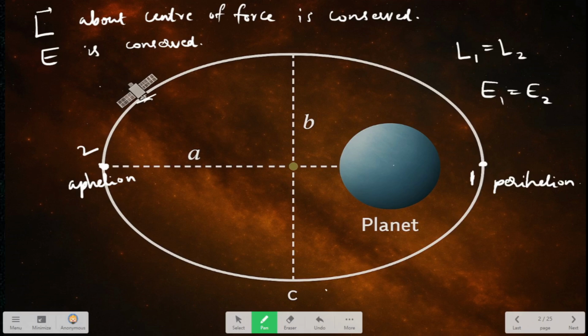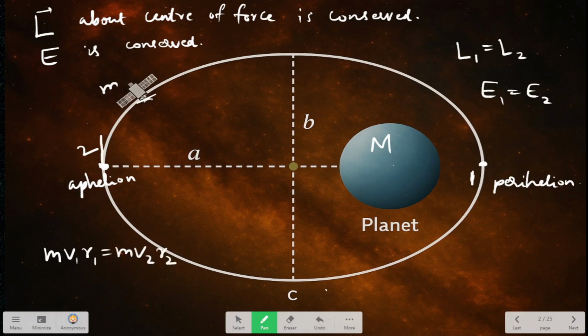We say that the mass of satellite is small m and mass of the planet is capital M. Then L1 is equal to L2 implies m V1 R1 is equal to m V2 R2.